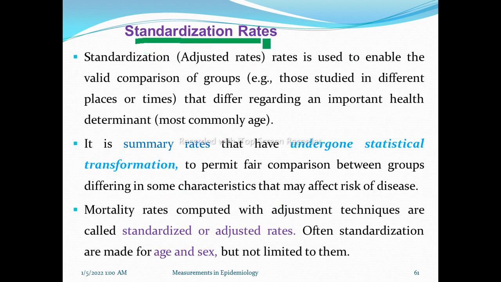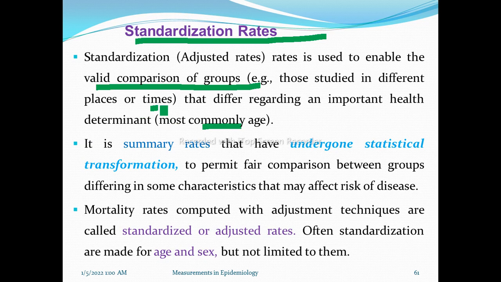The third type of rate is the standardization rate, or adjusted rates. Standardization or adjusted rates is used to enable the valid comparison of groups that differ regarding an important health determinant, most commonly age, studied in different places and times.